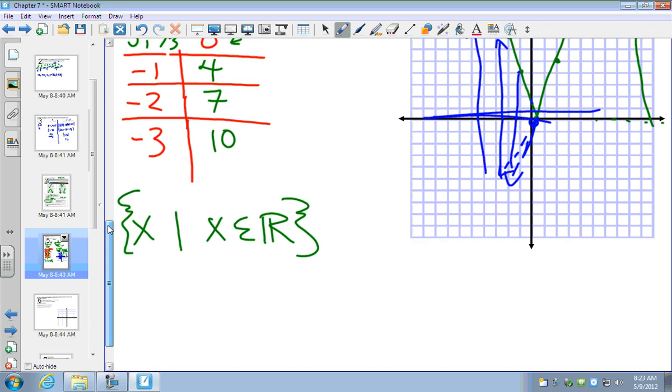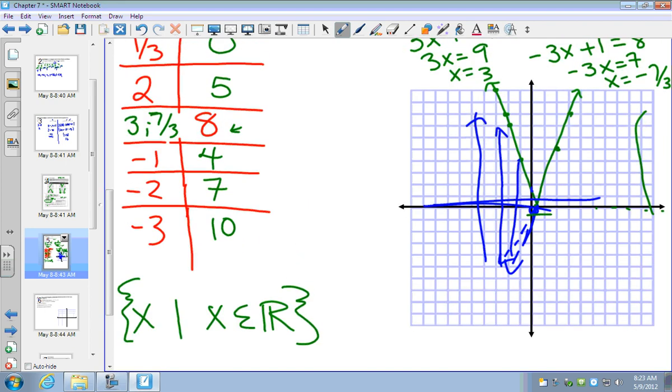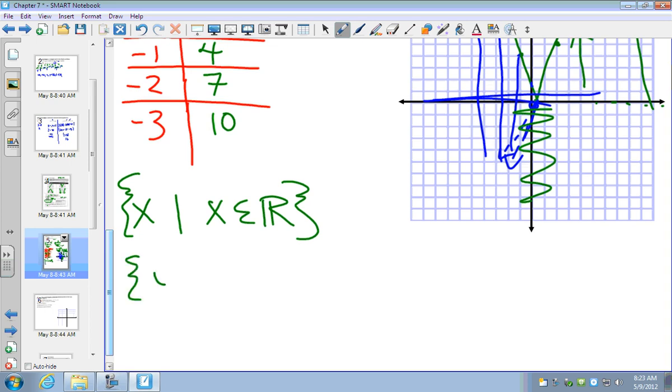For y values, I can't have any y values under here. It only included positive y values. So I say my range is all y such that y is greater than or equal to 0, and y is a member of the real numbers.